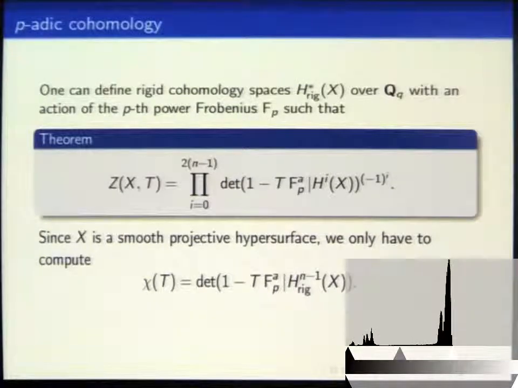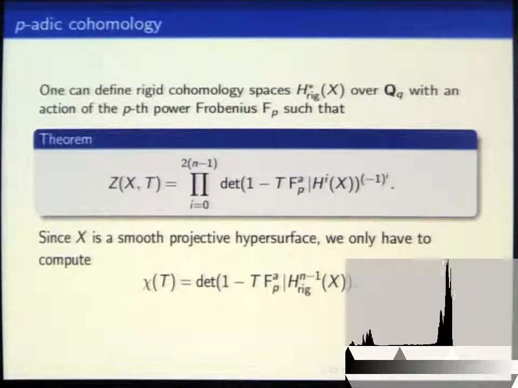So the determinant that's in there is something like a characteristic polynomial, and it's the reverse characteristic polynomial. The odd degree cohomology is in the numerator, and the even degree cohomology is in the denominator. It runs from 0 to 2 times the dimension, but the dimension of X was n minus 1, so it goes up to 2 times (n minus 1). Yeah, so computing a zeta function can be reduced to computing a Frobenius action on cohomology, up to sufficient p-adic precision.